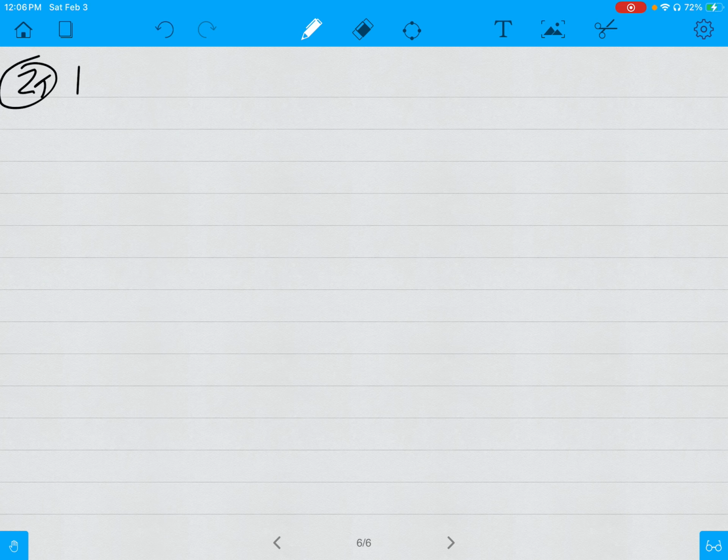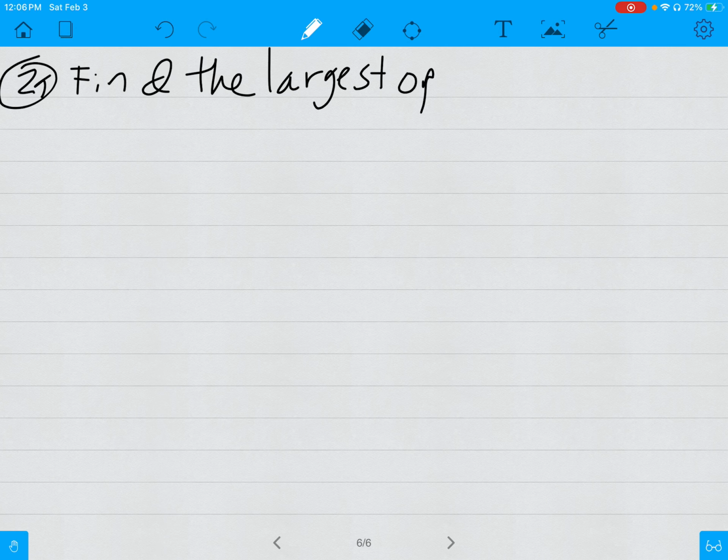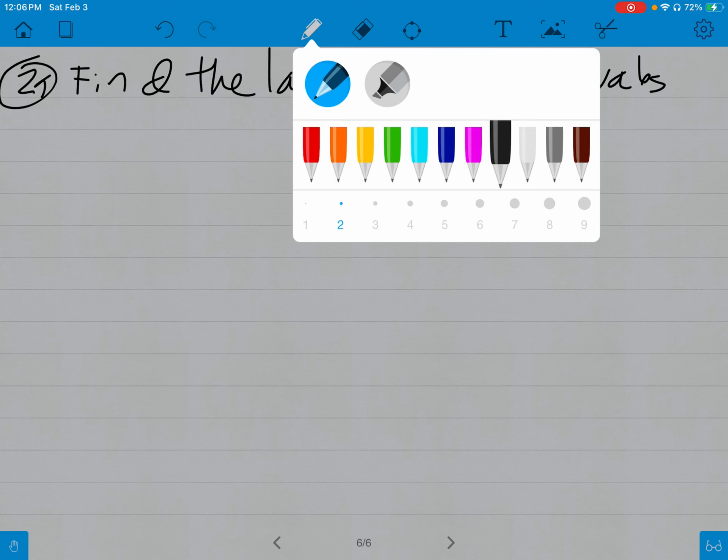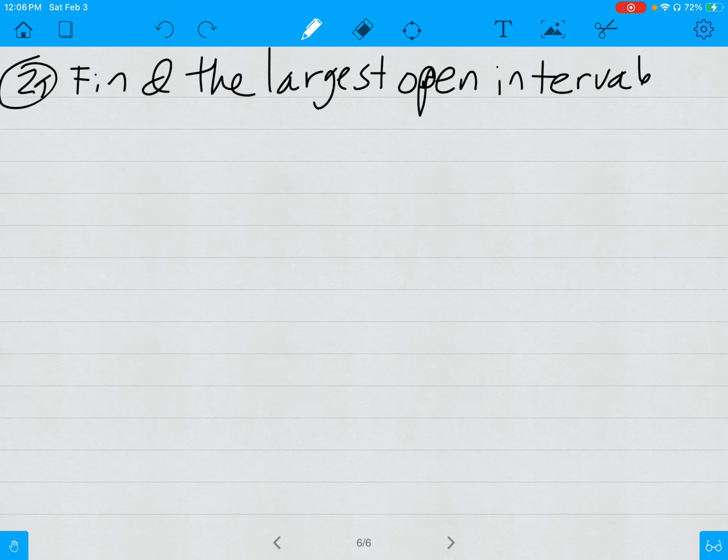we want to find the largest open intervals where the function is concave upward or concave downward.